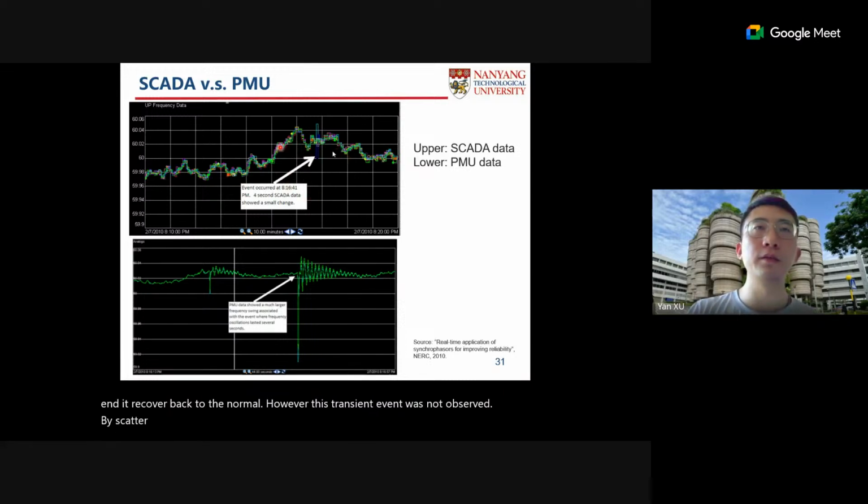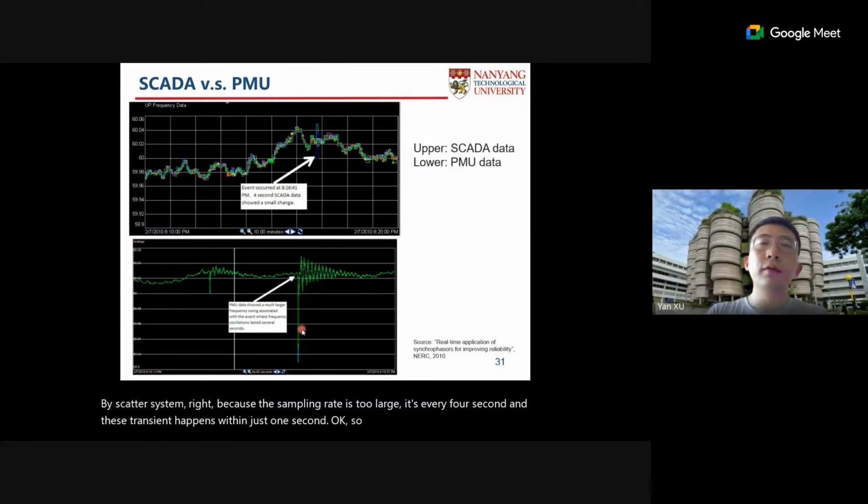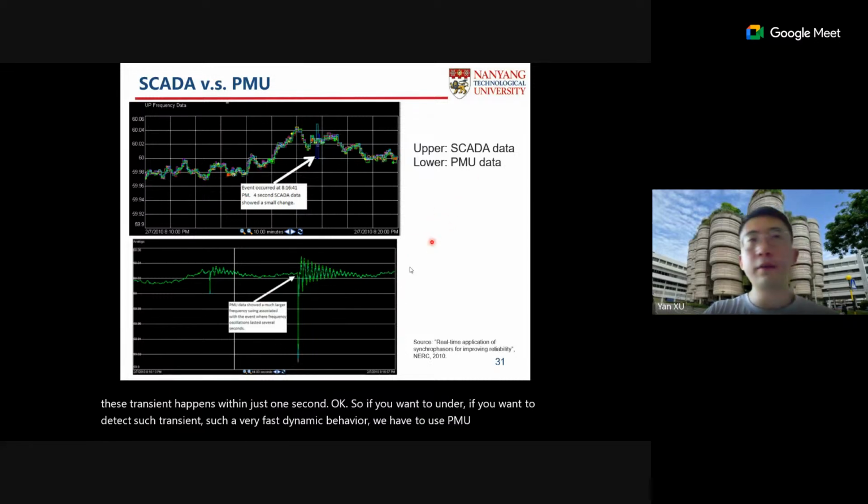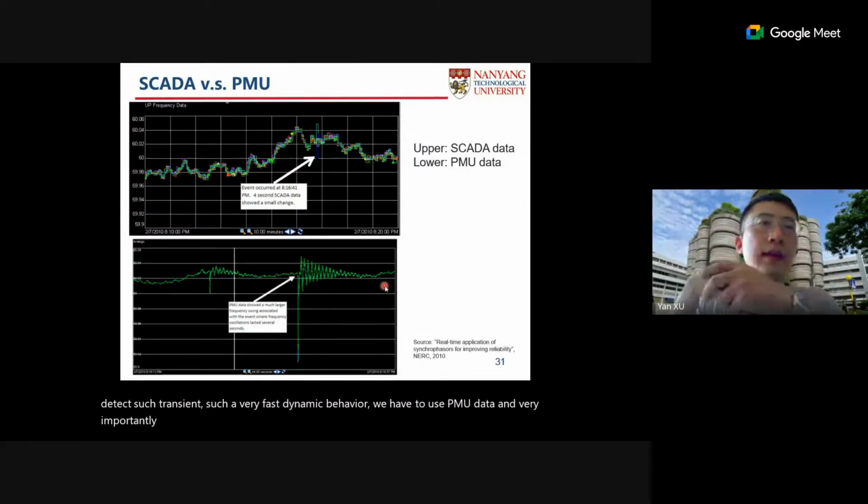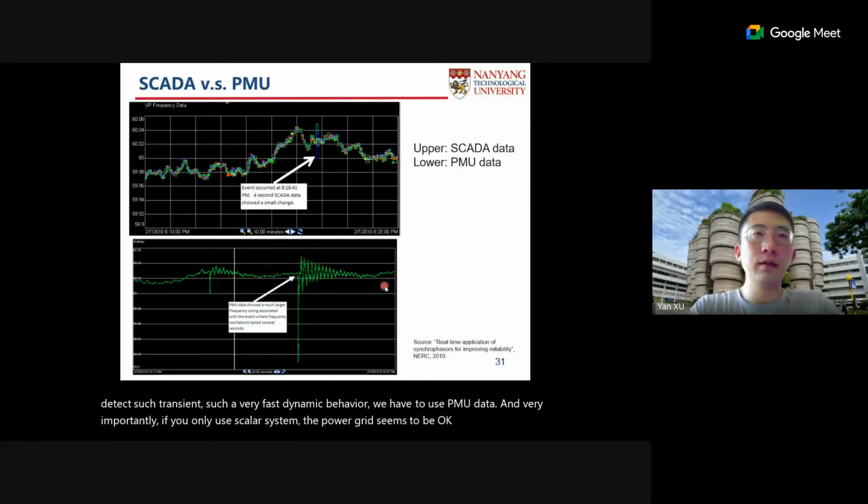However, this transient event was not observed by the SCADA system, because the sampling rate is too large, every 4 seconds, and this happens within just 1 second. So if we want to detect such a very fast dynamic behavior, we have to use PMU data. If we only use the SCADA system, the power grid seems to be okay in terms of frequency.